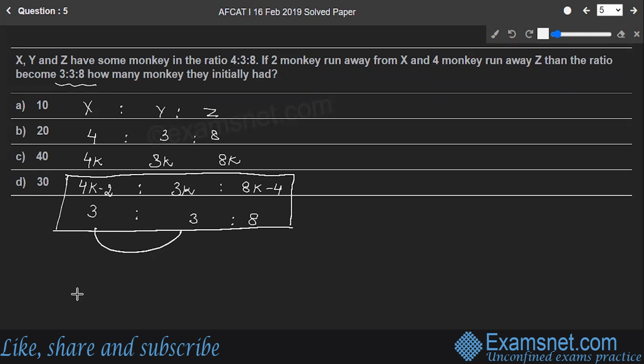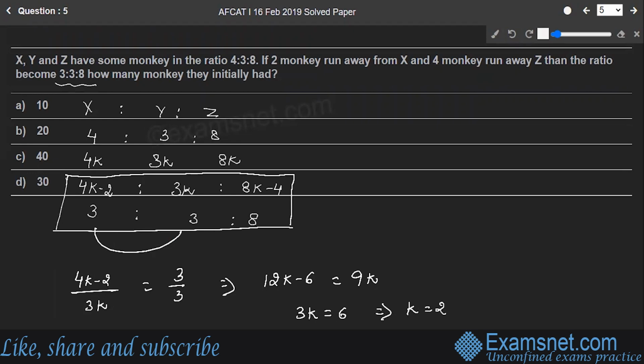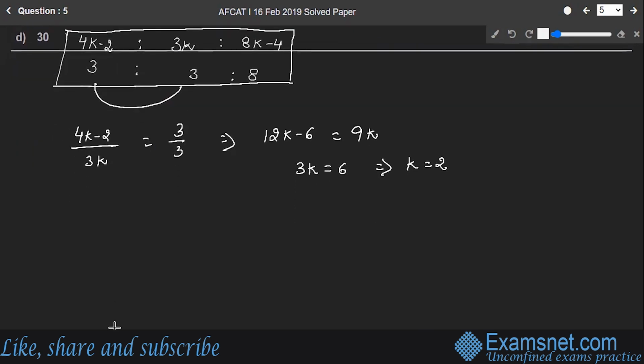First, I'll pick up these two. So you will have (4K minus 2) upon 3K is equal to 3 upon 3, right? This gives me 12K minus 6 is equal to 9K, or 3K is equal to 6. That gives you K is equal to 2. So if K is equal to 2, let's see.